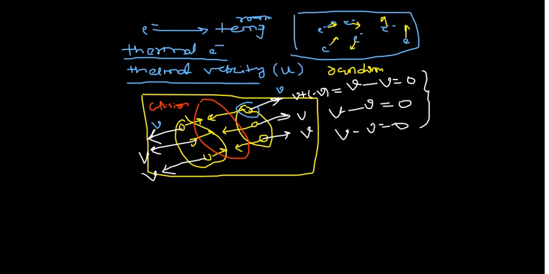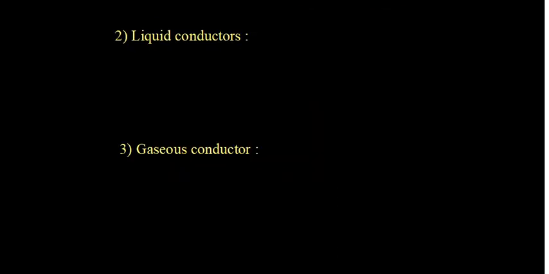Okay, these are some ideas behind solid conductors. Now we move towards the next one, that means liquid conductors. In liquid conductors, for example, in bikes we have liquid batteries, which is one example where I can observe a liquid conductor.